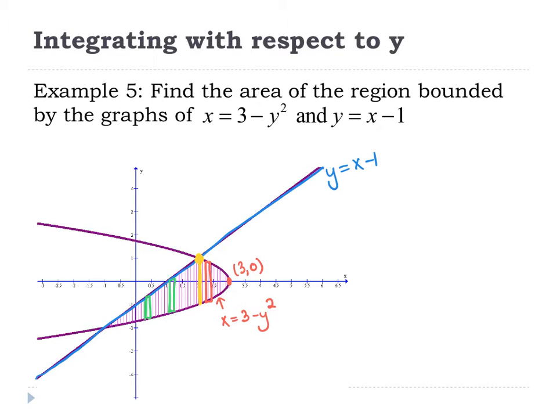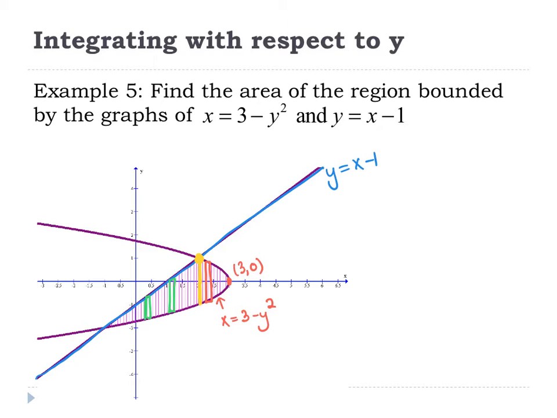If I am to the left of that yellow point, the top function is going to be the line, and the bottom function is going to be the negative root function. Notice this is a parabola, but if I write y in terms of x, it would be a square root. And if I'm to the right of this yellow point, I'm going to have a top half that is the positive root and the bottom half that is the negative root. It's not impossible, it just would be very, very messy. And of course, we will still do it the messy way so that you can see that you get the same answer.